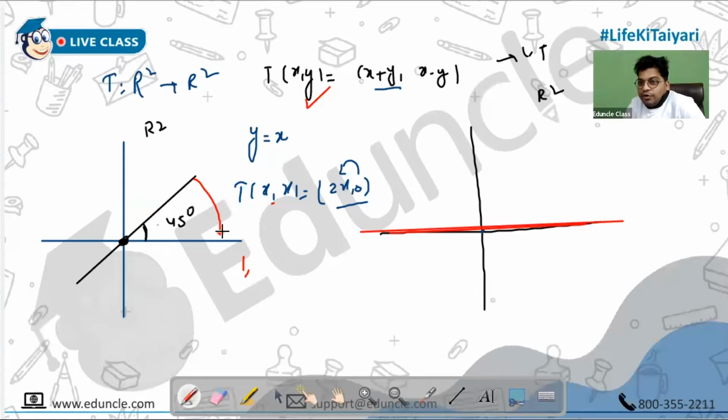Do you understand? If I go deeper, what is the meaning of fixed point? There are infinitely many fixed points. This is a vector which is a fixed point.